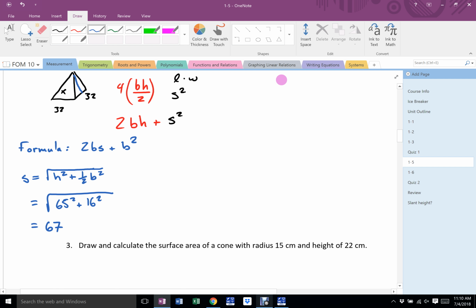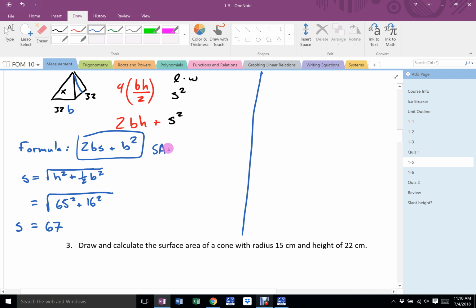So again, by the way, I wanted you to split this in half. So now, it's not the height that I want. So now, I have a B, which is 32. That's a B. I have an S, which is 67. Can I fill this in now? Yes.